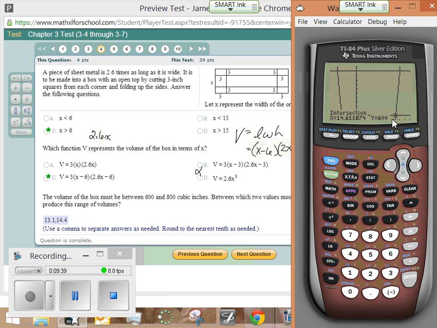You'll find that, and you notice right now it's getting 14.6, which is not the 14.4 that they want. So I'll go back and look at everybody's and make sure that there's not an error there.